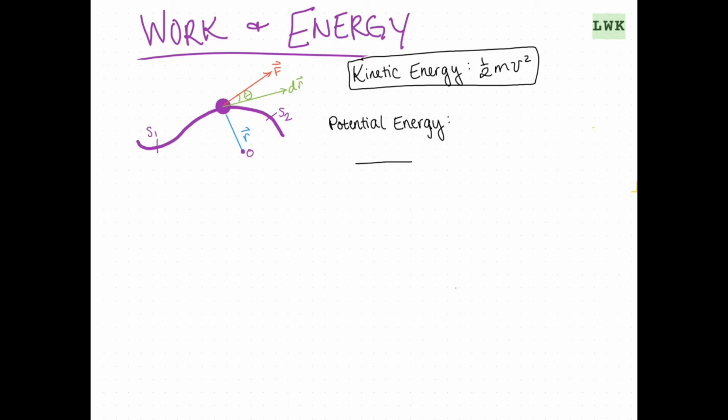So if you have a ball that's thrown up in the air at some height h with a mass m, your potential energy is going to be equal to mass times gravity times height.